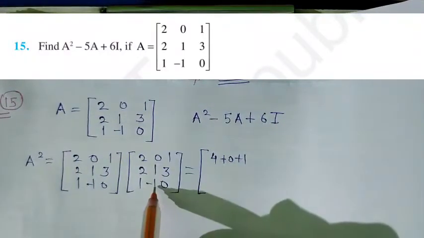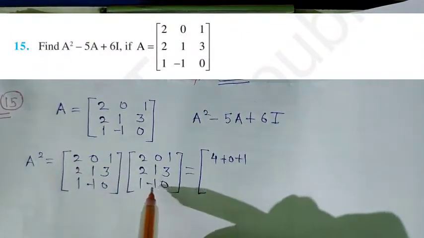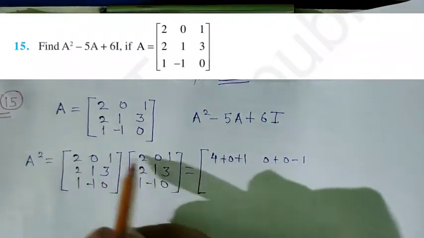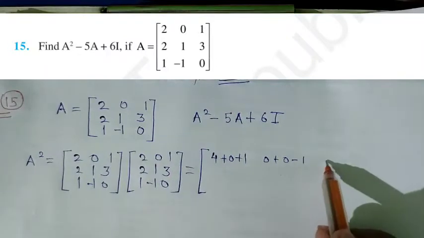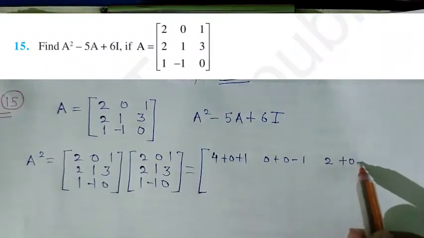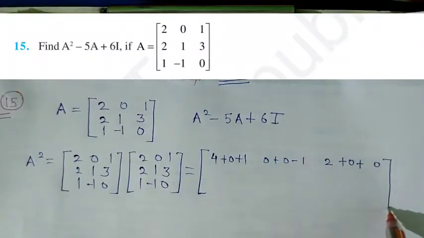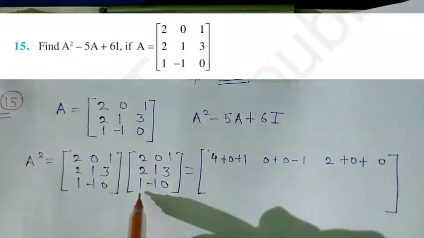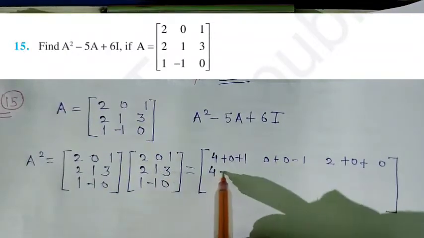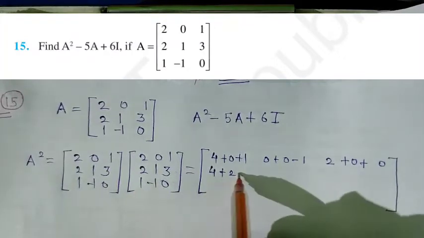Now this multiply this will give another element: 2 0 0, 2 0, and 1 into minus 1, 0 0 and minus 1. Now this multiply this, 2 ones are 2, 0 into 3, 1 into 0. 2 1 3 multiplied with this: 2 2s are 4, 1 2s are 2, 3 1s are 3.